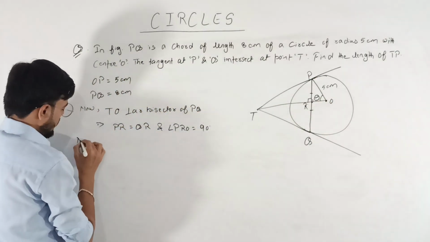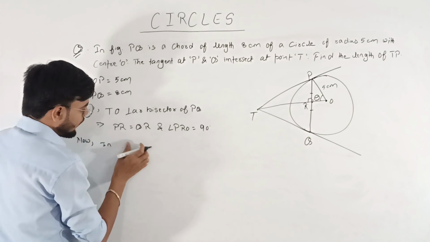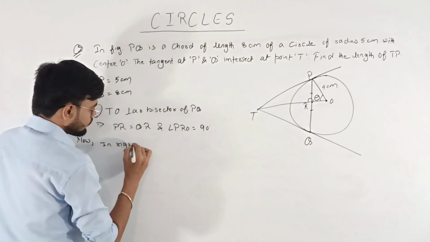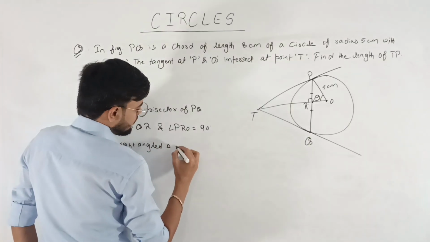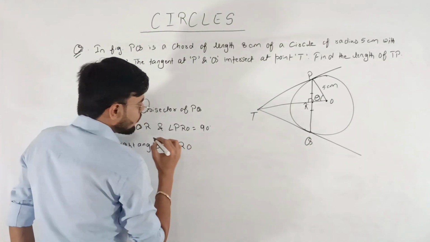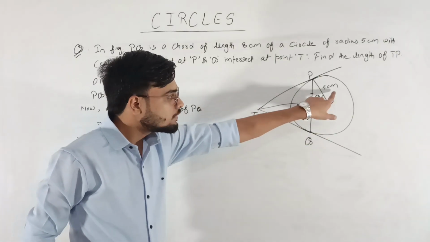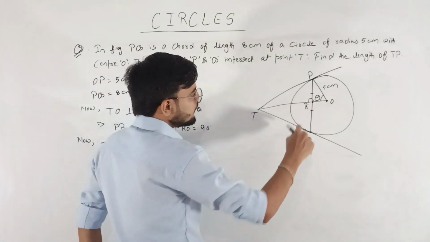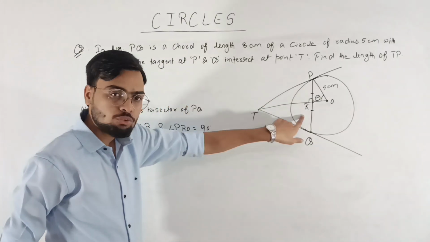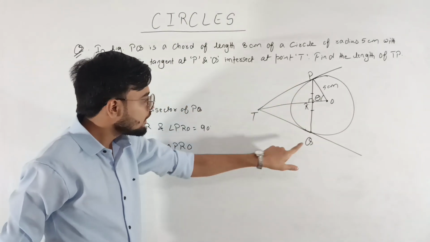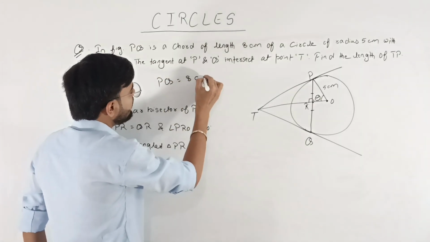Now in right angle triangle PRO, we use the Pythagoras theorem. Here 5 centimeters is the hypotenuse, and PR is equal to QR. PQ is 8 centimeters.